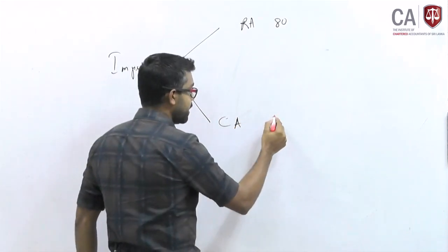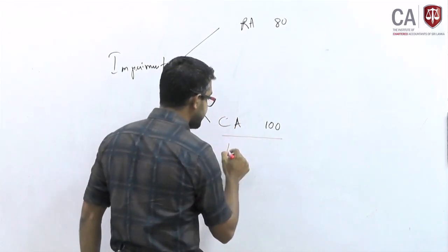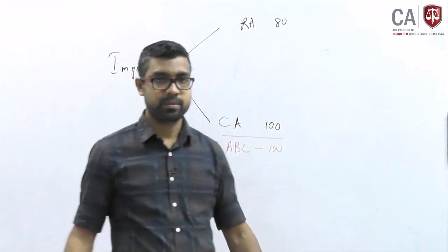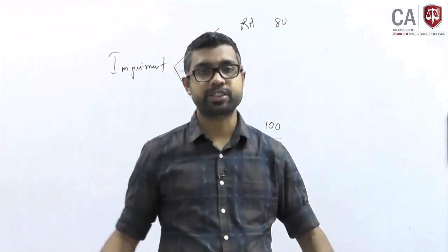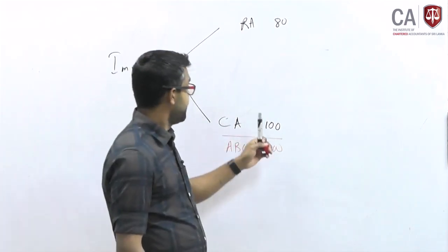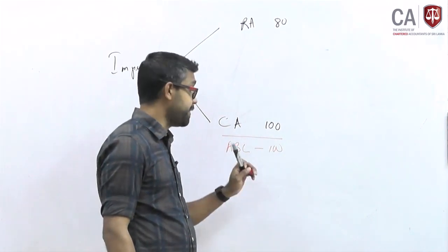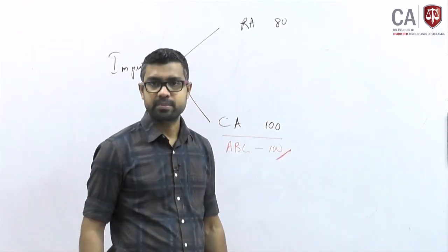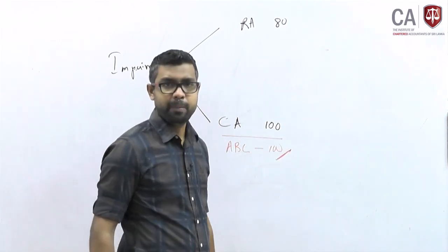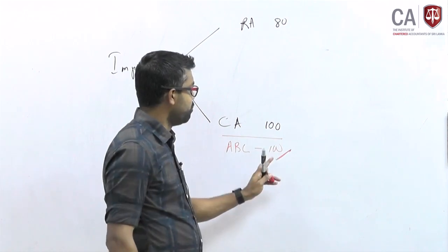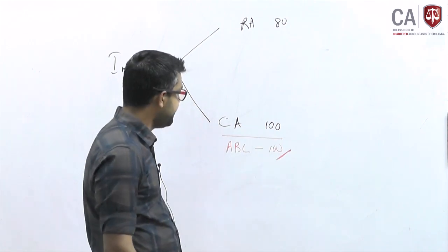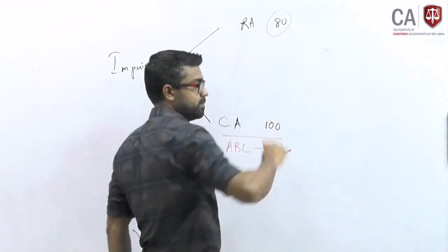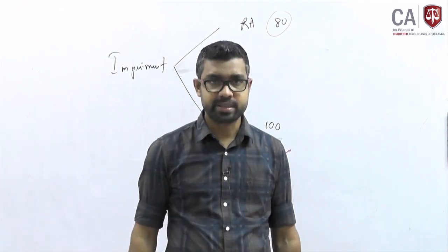You sold goods to ABC company, 100 worth of goods you sold 6 months ago, let's say. The value of that invoice is 100 rupees. Now you understand, we might not be able to recover 100, but we can recover a maximum of 80.